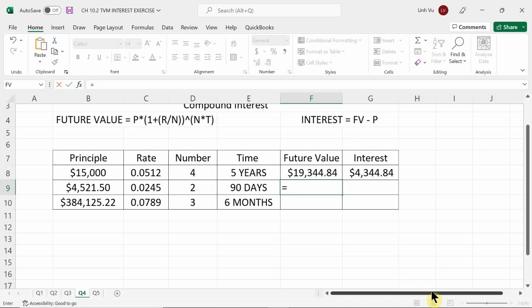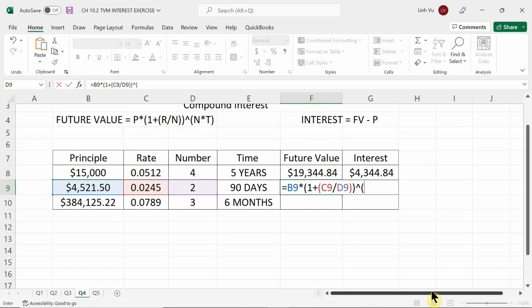So what's my principal? I borrowed $4,521.50 times 1 plus, open parentheses, my rate of 2.45% divided by the number of times it compounded, so twice, close parentheses, close parentheses.